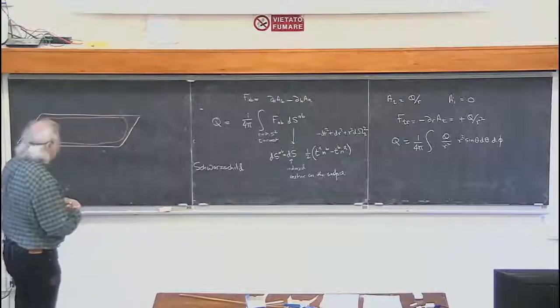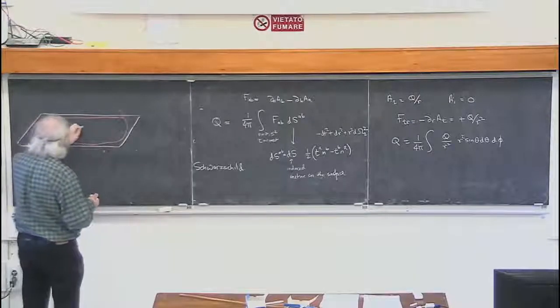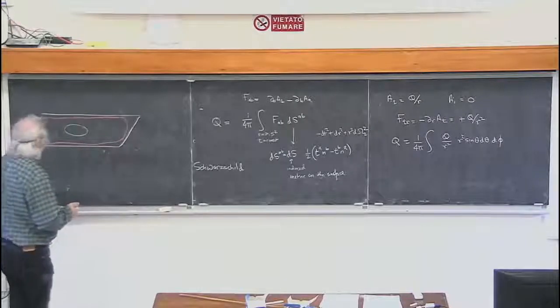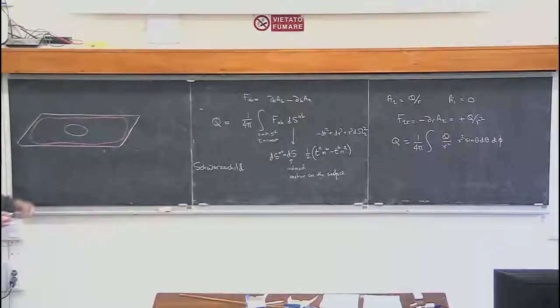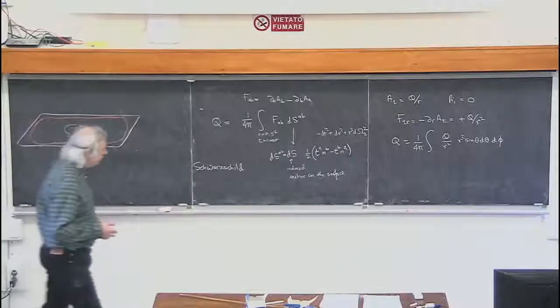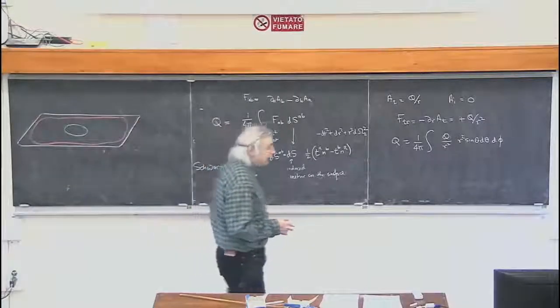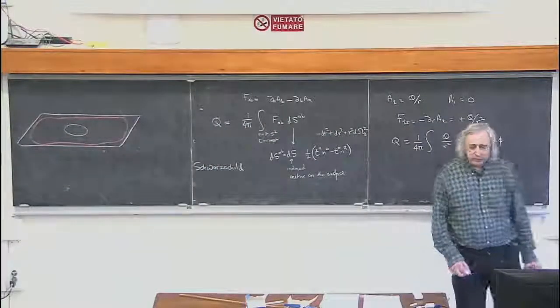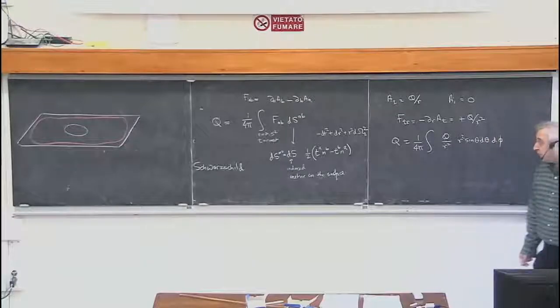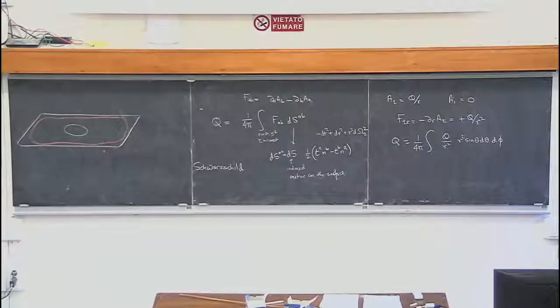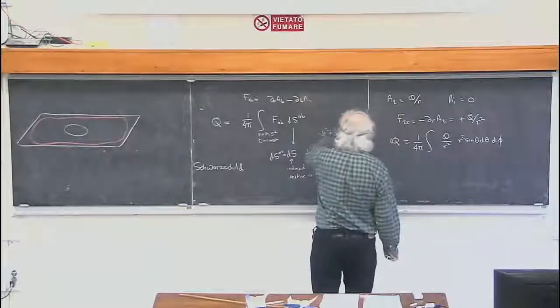And then there is going to be the horizon sitting here somewhere in the middle. I want to regard the horizon as a boundary of a region that I can actually observe. So let's ask ourselves what happens if we apply Gauss's theorem to this integral to give you the charge on a particular space-time.